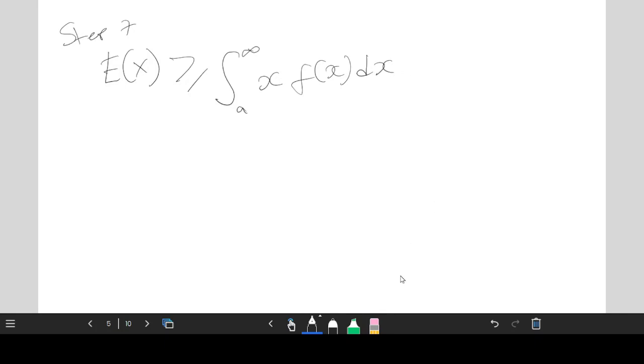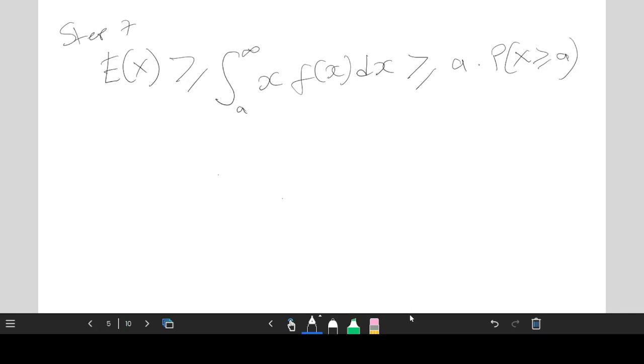So we will have, step 7, expectation of x greater or equal to the integral from a to infinity of x f of x dx, which is also greater or equal to a times the probability of x greater than or equal to a. That's if we tie everything together.